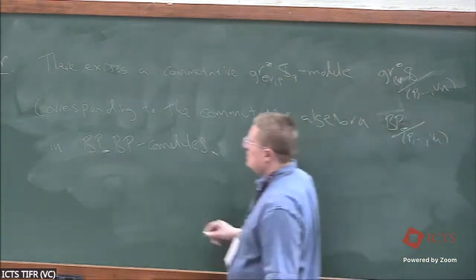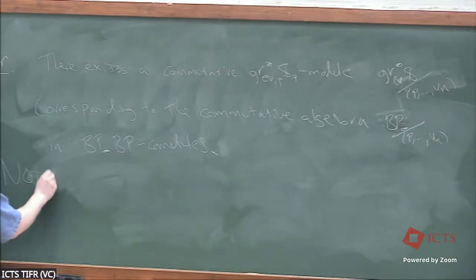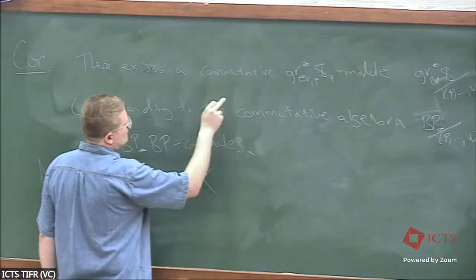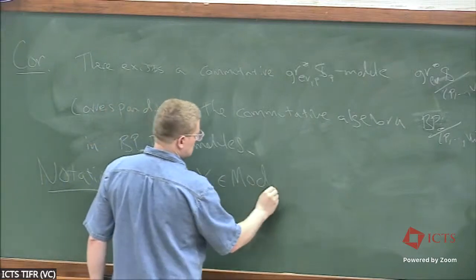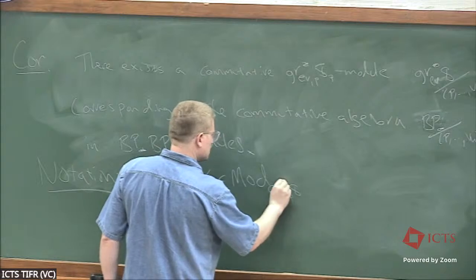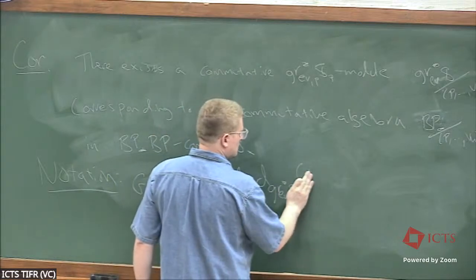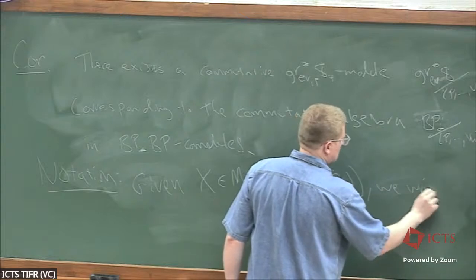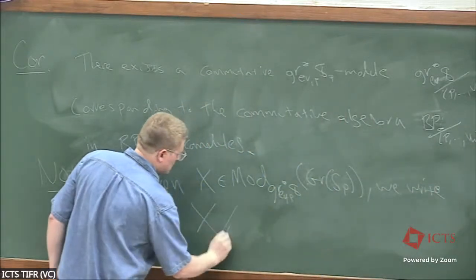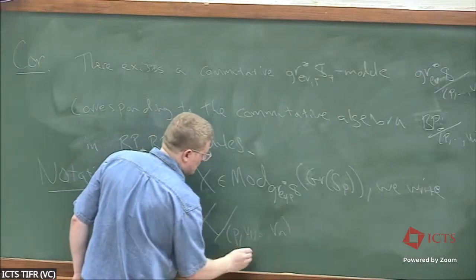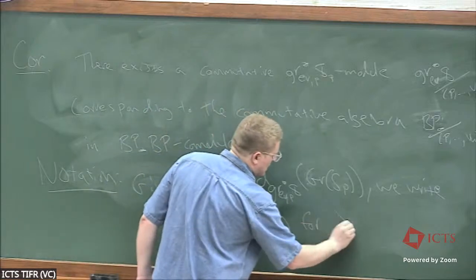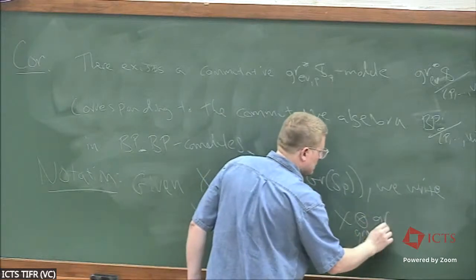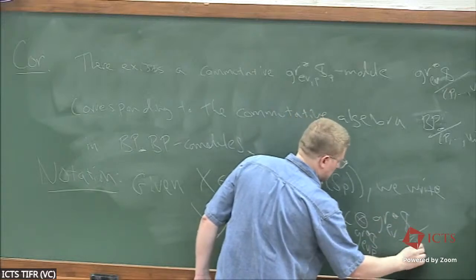And yeah, let me fit this over here. So given a Guryev S module X, we're going to write X mod P through Vn for X tensor over Guryev S with Guryev S mod P through Vn.